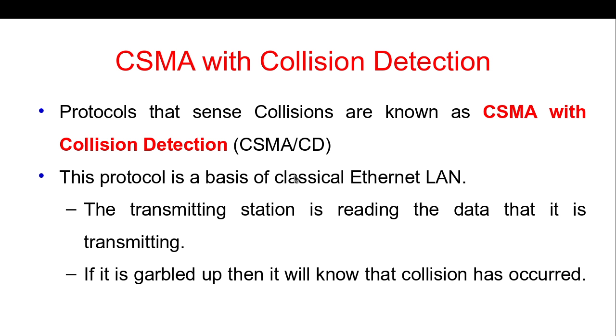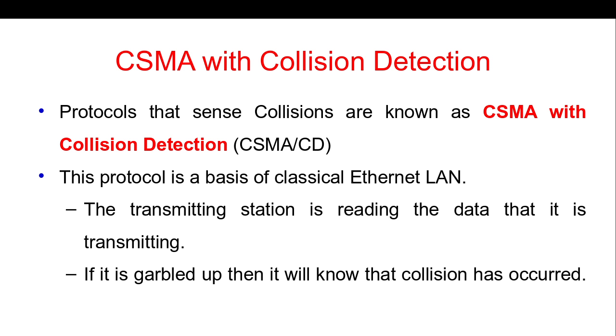Now still further advancement can be made by attaching a capability of collision detection with CSMA. In CSMA, the stations have carrier sense, that means they can check whether other stations are already transmitting or not.